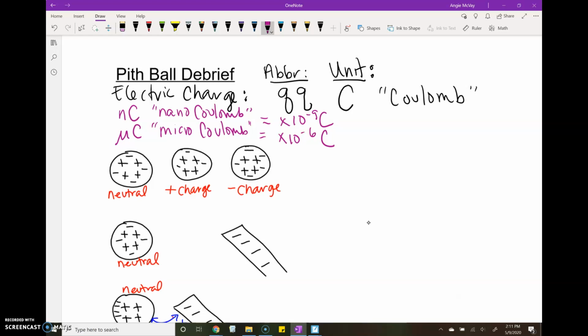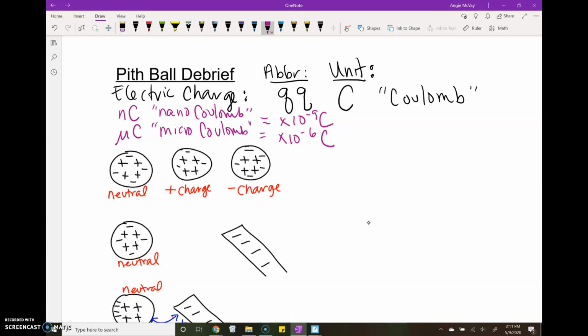And that makes sense based on our understanding of the atom, right? Positive charges are within the nucleus, which is locked. So those positive charges are locked within the nucleus of an atom. Negative charges are loosely bound to an atom. They're out in those energy level orbitals, and so they can be transferred, and they can be repelled or attracted.